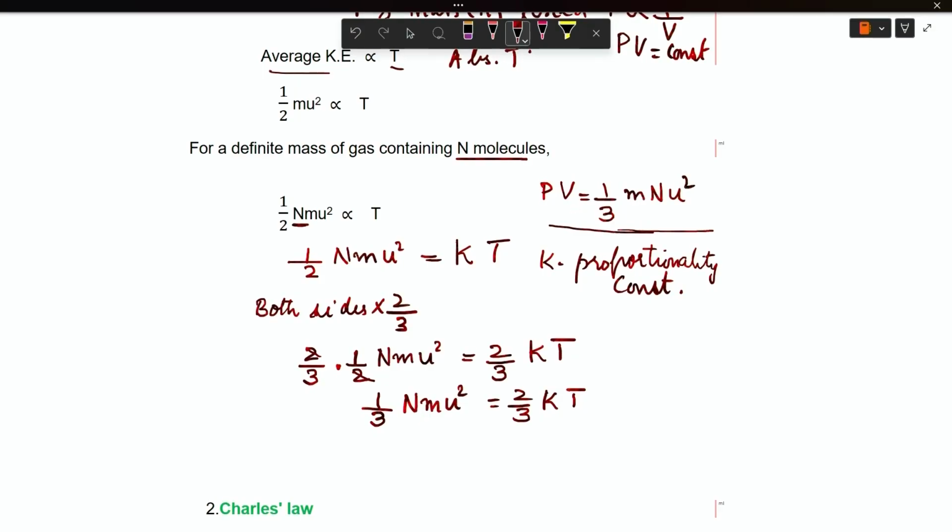Now, you can compare that with the kinetic gas equation. In the kinetic gas equation, 1/3 m N u² is equal to PV. So this term I can replace with PV. Now we can reach Boyle's equation, that is, PV is equal to 2/3 kT, where k is a constant.